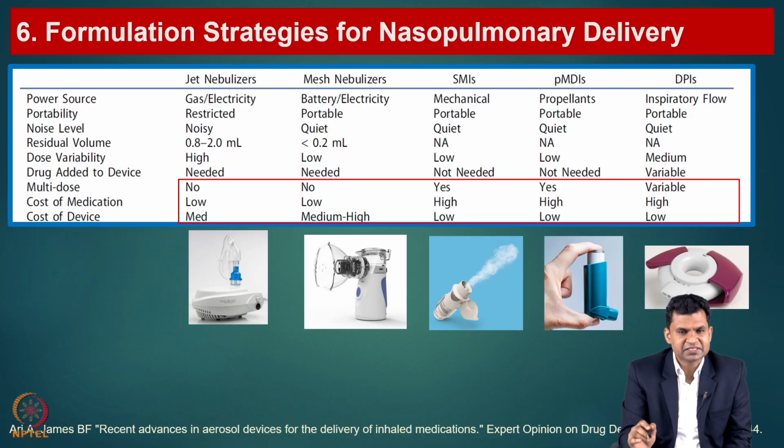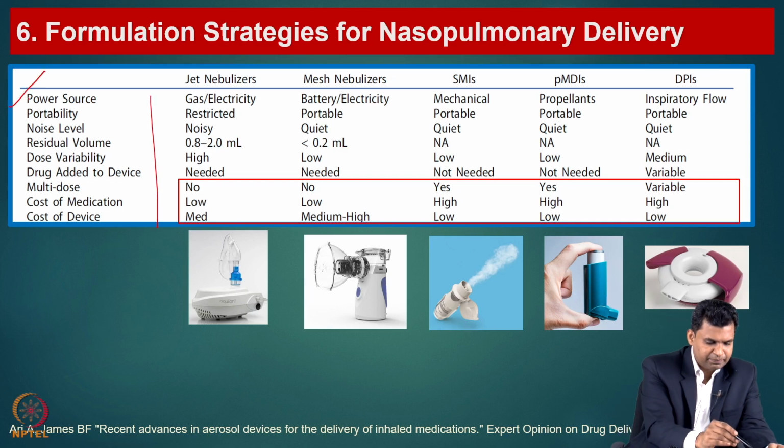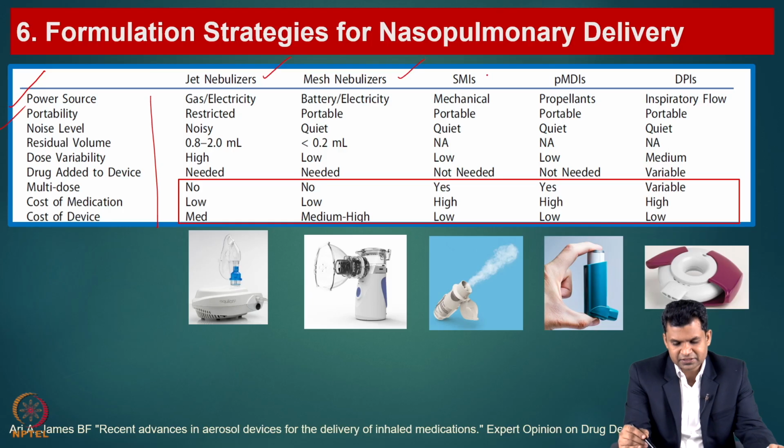Here you can see the comparison of these devices. You can see the various parameters here: power source, portability, and other parameters. You can see the jet nebulizers, mesh nebulizers, soft mist inhalers, metered dose inhalers, and the dry powder inhalers.